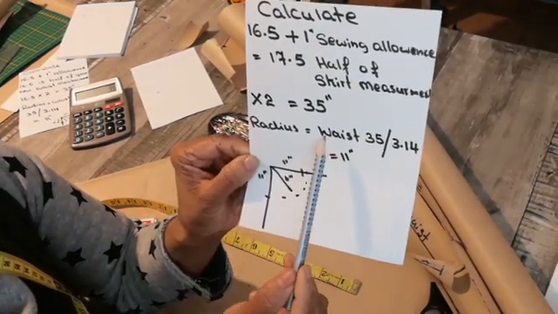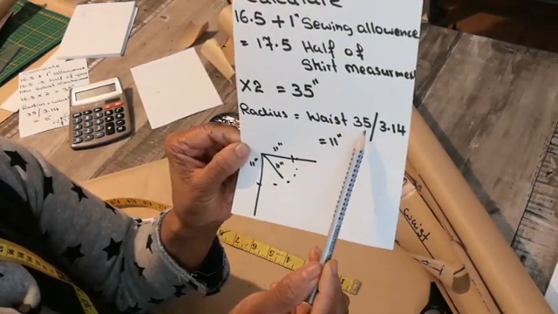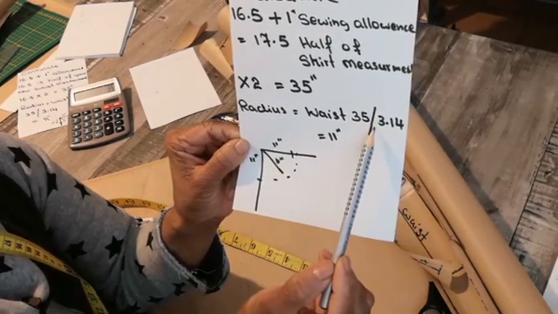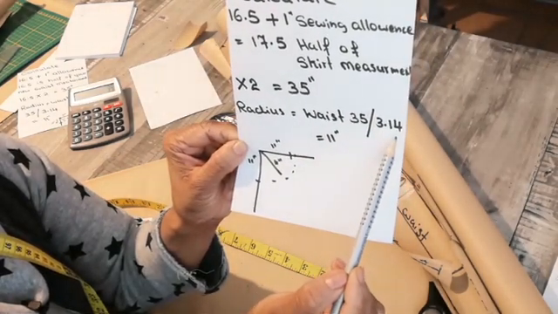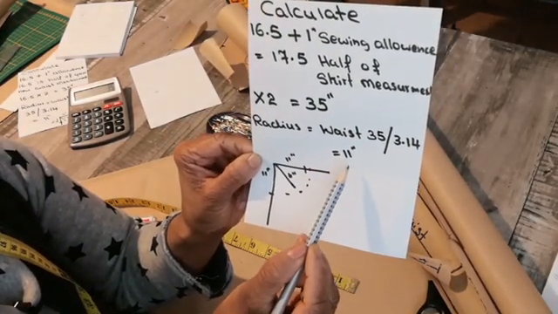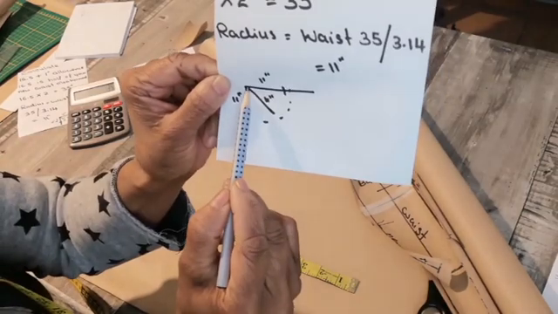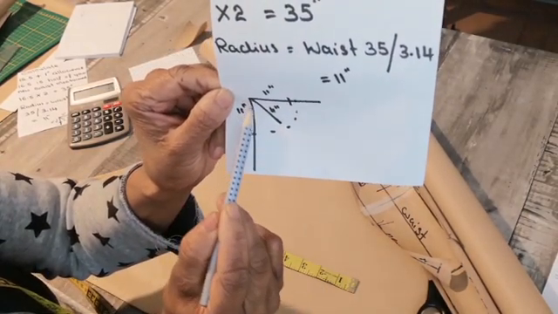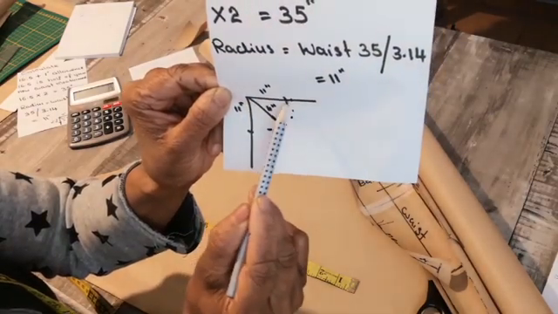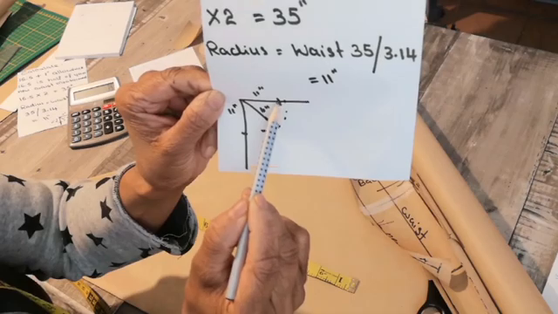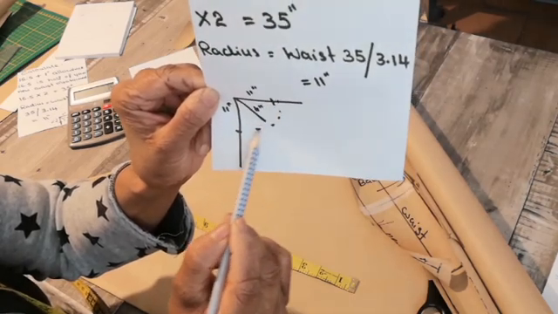So the waist is now 35 inches. You are going to divide by 3.14. You get 11 inches. So you draw a line. From this point, you mark 11, 11, 11. And this is your waist measurement.